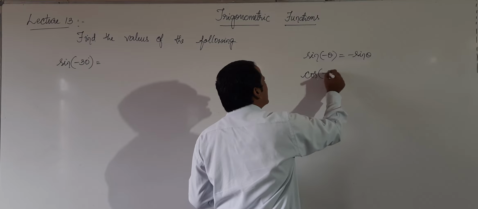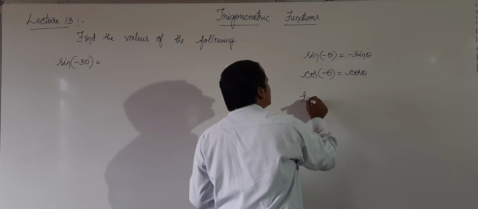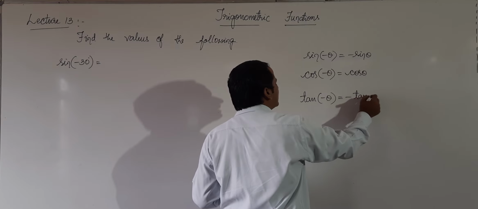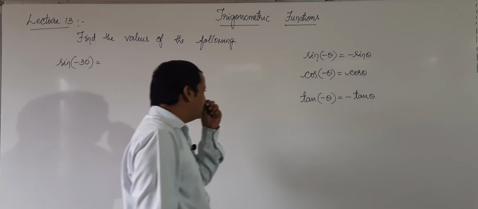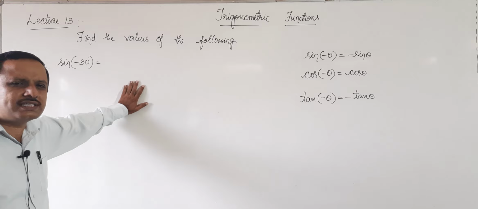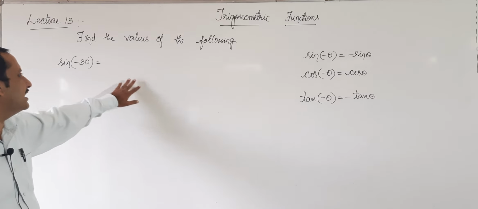Cos of minus theta is equal to cos theta, and tan of minus theta is equal to minus tan theta. This is the formula we have.